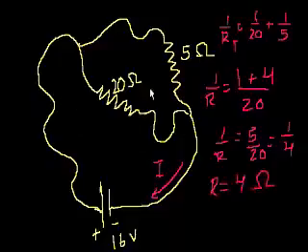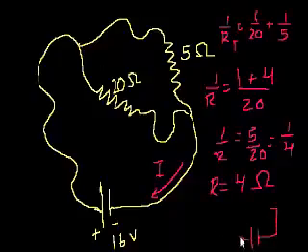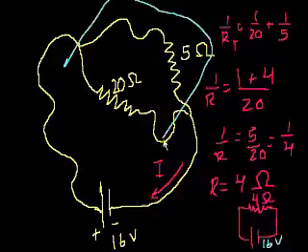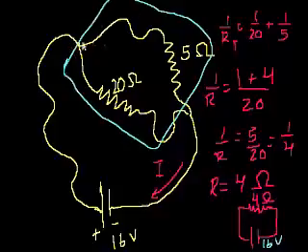So we could redraw this crazy circuit as this. I'll try to draw it small down here. We could redraw this where the resistance is 4 ohms and this is 16 volts. We could say that this whole thing combined is really just a resistor that is 4 ohms.